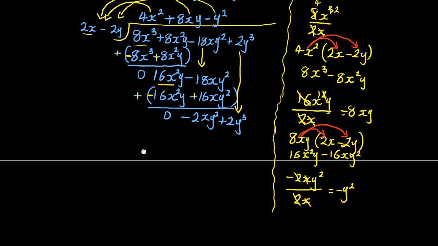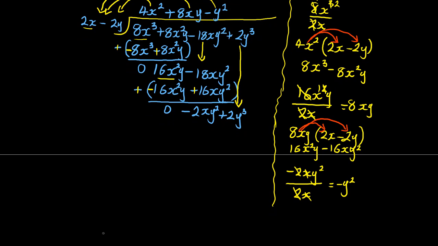You will have minus y squared into 2x minus 2y. And what are we going to get? As I said, remember, this is expansion. This multiplies that, and that multiplies that. Be careful of the negative sign.